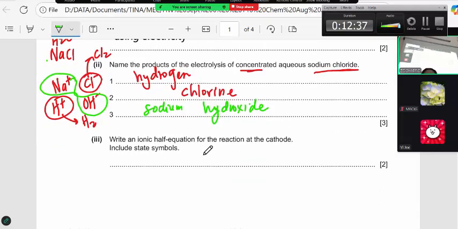Write an ionic half equation for the reaction at the cathode. Alright, did you get it correct? What did you write?